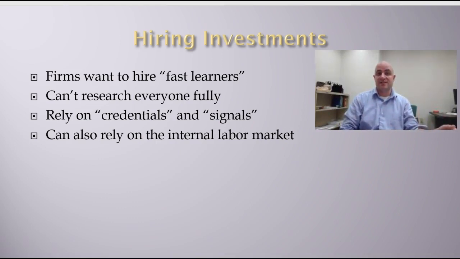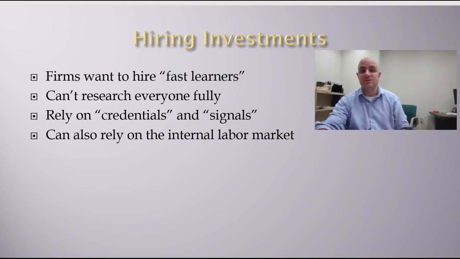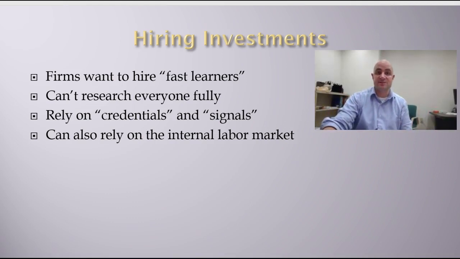Whereas somebody coming from outside, you're going to know less about. So these are just all ways that firms are able to cut back on some of those hiring costs. But in general, these are the frictions that are observed on the employer side that make it a costly process, and to where labor, that transaction is not free.